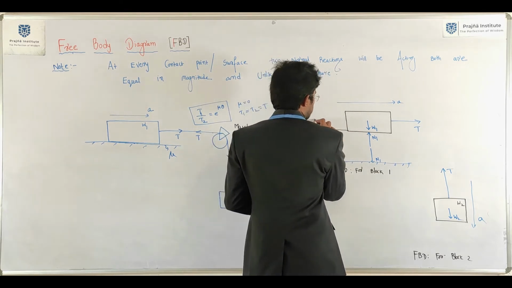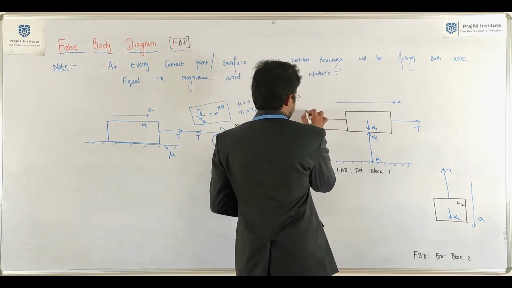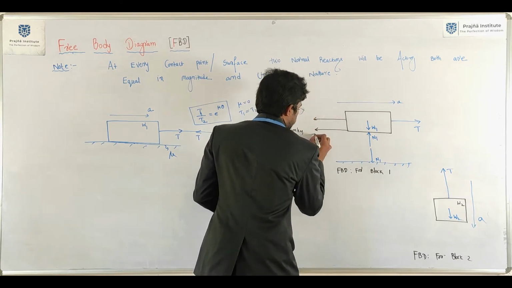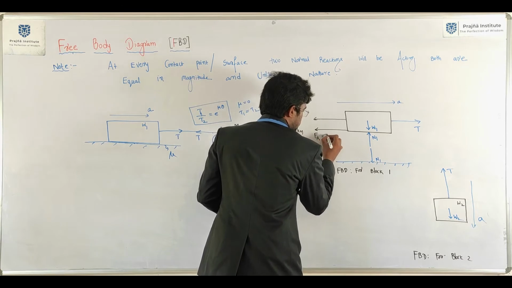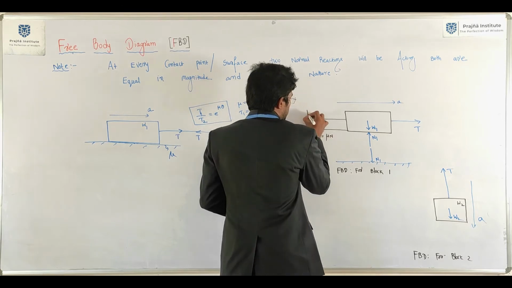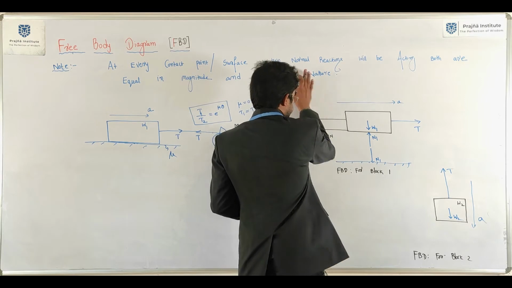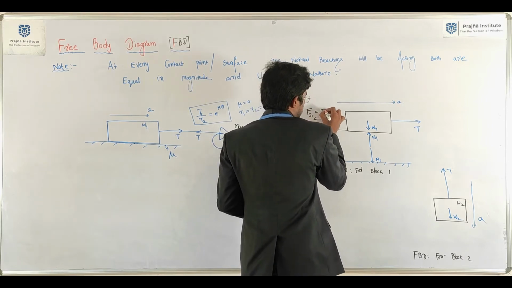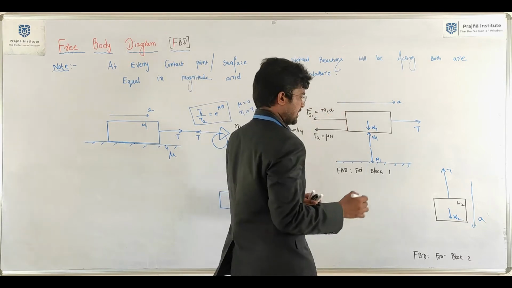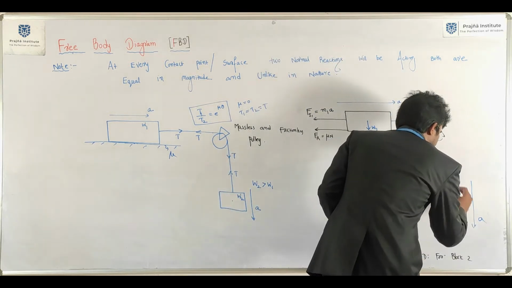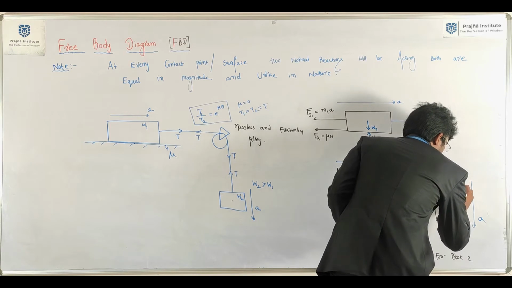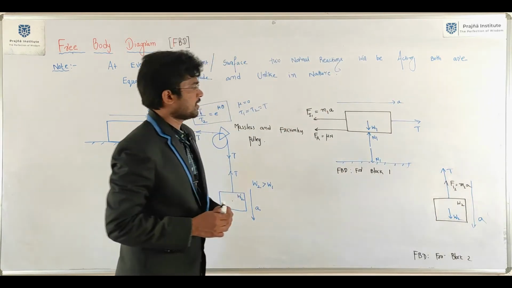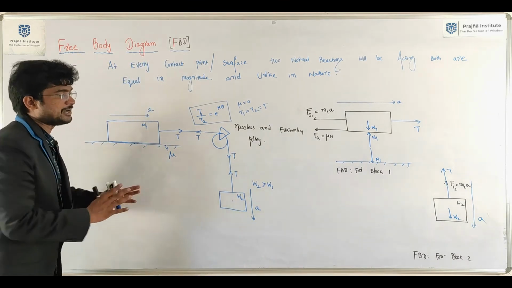Frictional resistance also acts opposite to the direction of motion. First, frictional resistance mu into N. Inertia force for the first body is m1 into A. Here it is moving downward, and the inertia force of the second body equals m2 into A. Understood now? Total 5 statements are over.